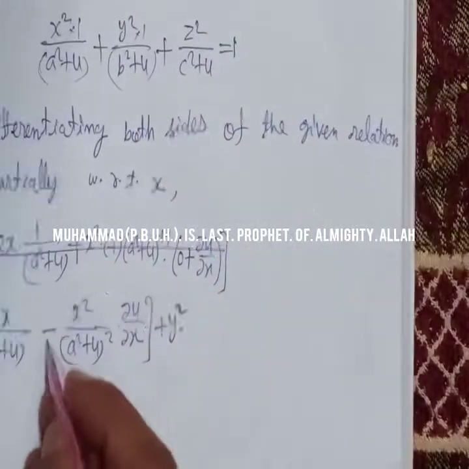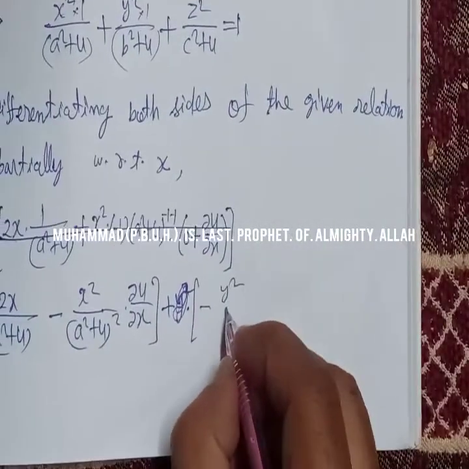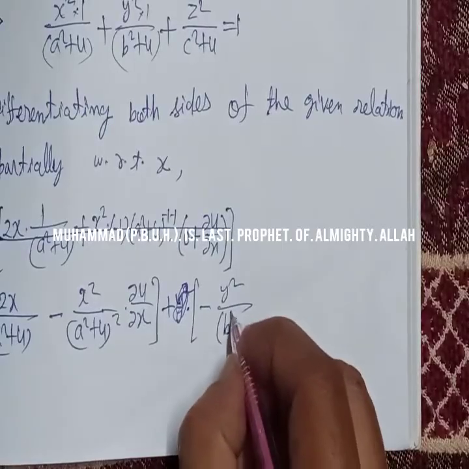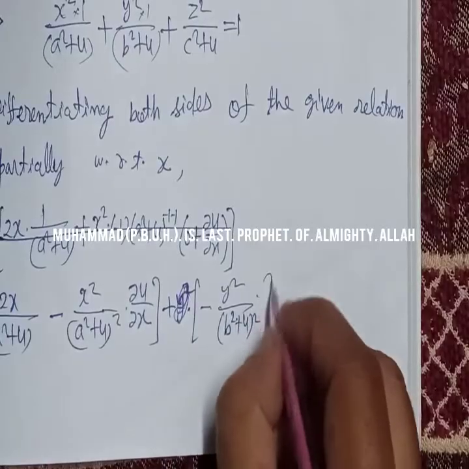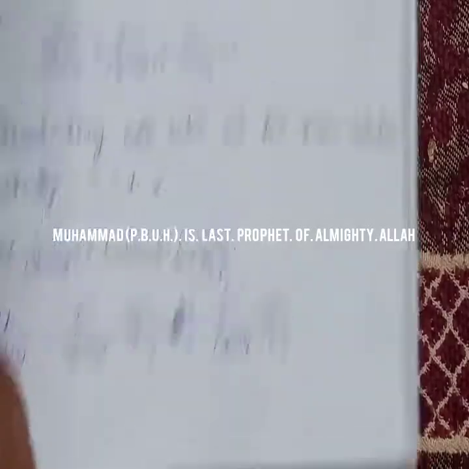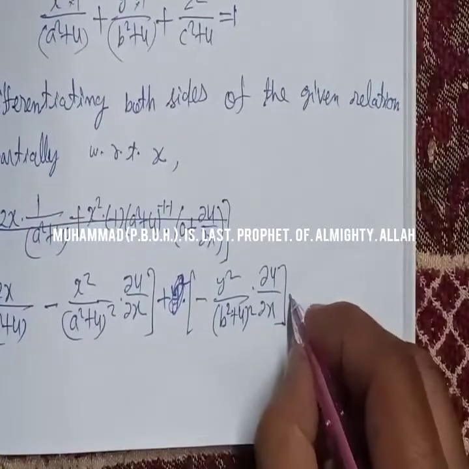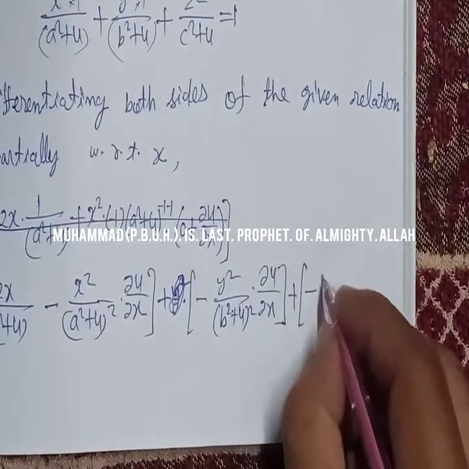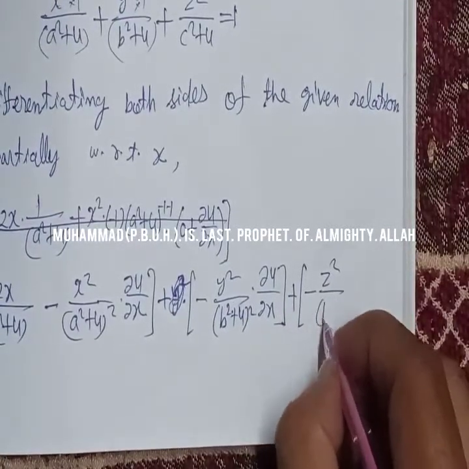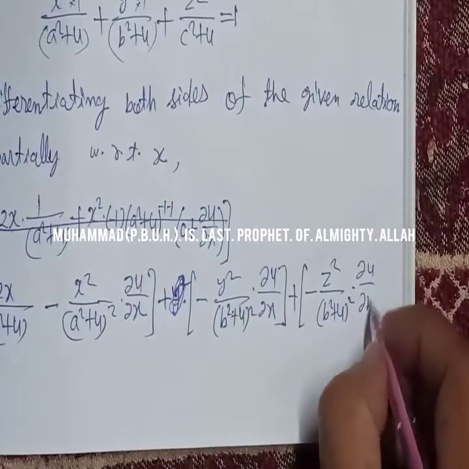So it is a negative term: minus y²/(b²+u)² ∂u/∂x. Also on differentiating this term we get minus z²/(c²+u)² ∂u/∂x.